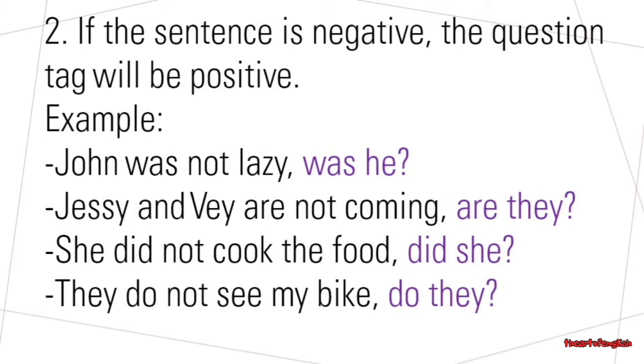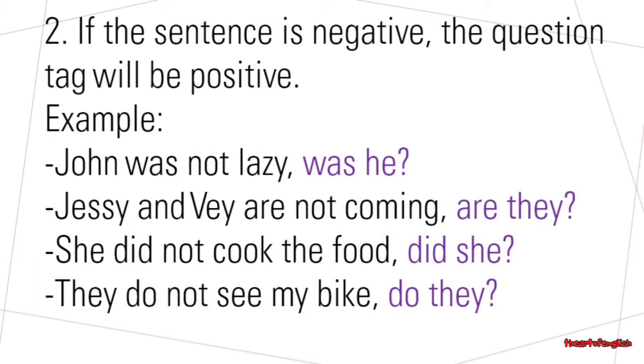The second sentence: Jesse and they are not coming, are they? So in this case, the sentence is in present tense. So are not, we just change to are, and then we put the subject they because Jesse and they means the subject they.